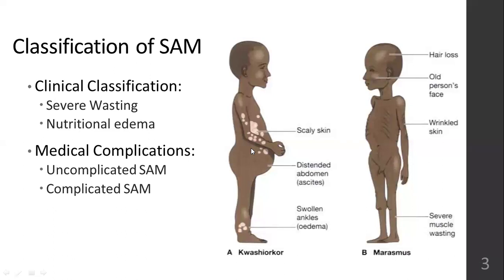The child may go into fits, seizures, or slip into a coma. A lot of infections also; malnourished children are already at a higher risk of developing infections, so the child may also exhibit symptoms of infections. That comes under complicated severe acute malnutrition. So this is the classification. Is it clear to all?